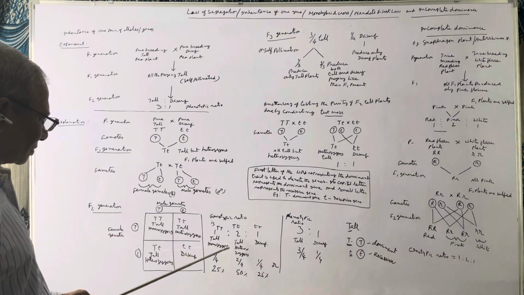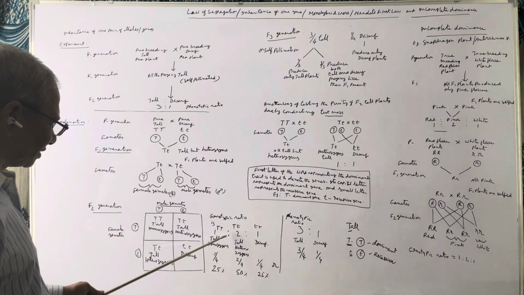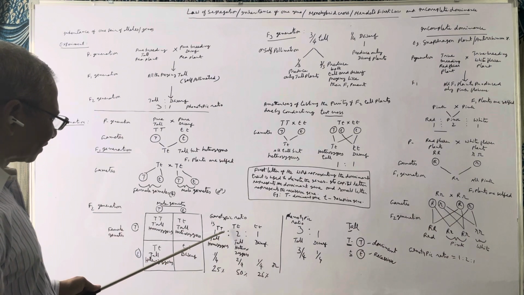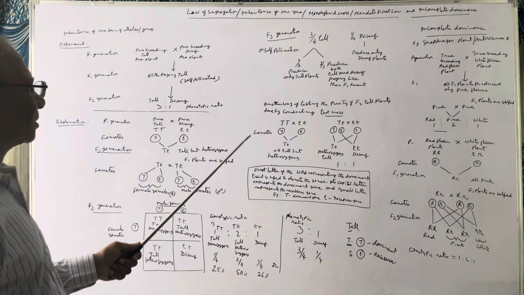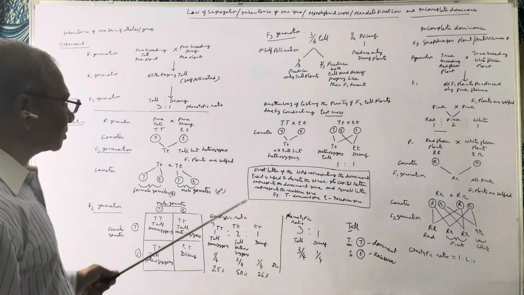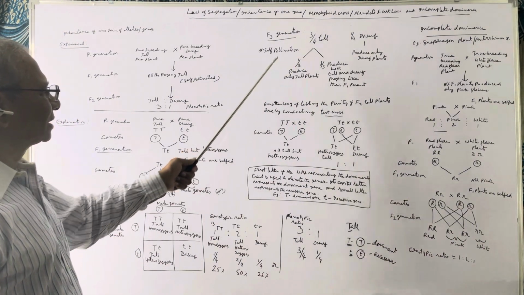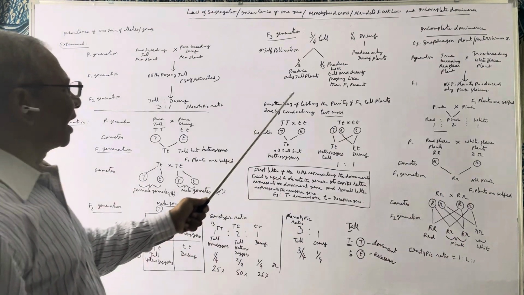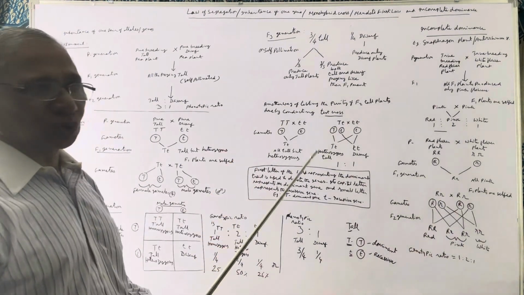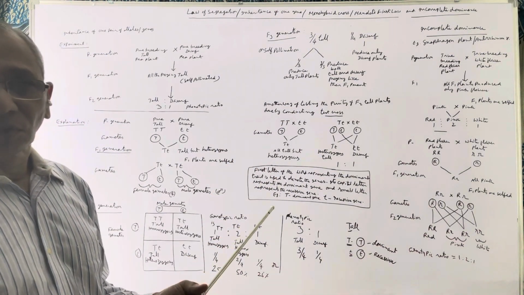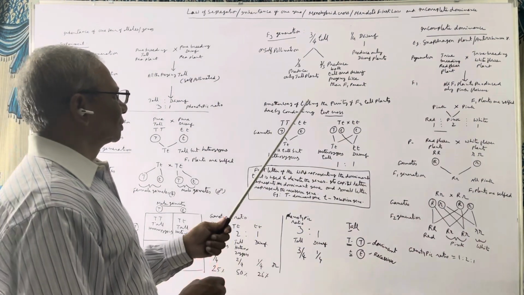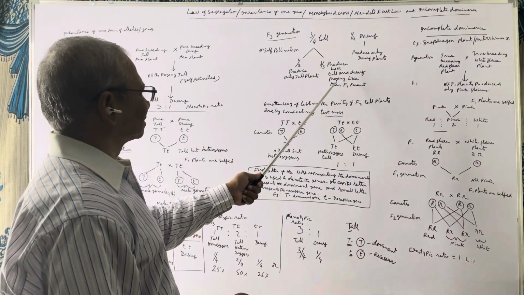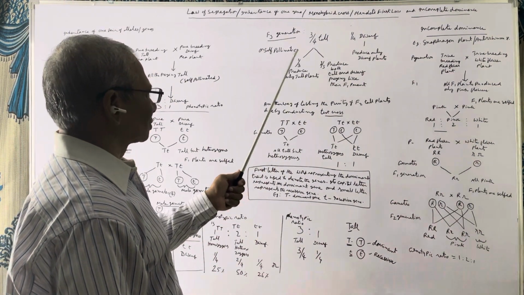So, if you take these two into consideration, 1/3, that means this is capital T, plants, produce only pure tall plants, and 2/3 produce both tall and dwarf plants in 3:1 ratio. Because these are hybrids, these are pure.